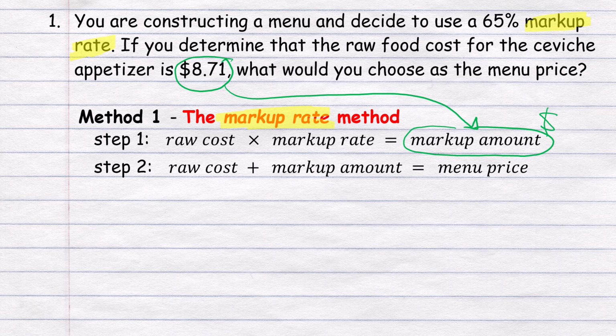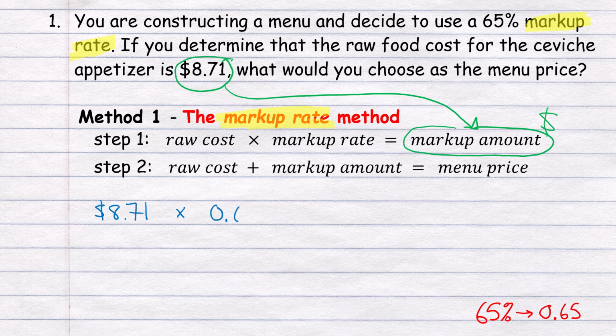In step one, we take the raw food cost, which is $8.71, and we multiply it by the markup rate. That's given in the problem, 65%, but we have to be careful here. That's a percentage, not a number, so we have to convert that to a decimal, 0.65, and that's what we're going to use in the calculation.